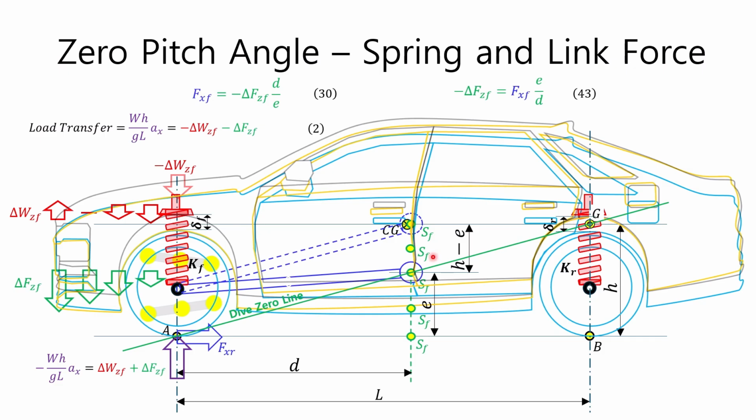As the virtual reaction point, SF, rises, the force attempting to tension the spring increases and the front ride height increases. As the force attempting to tension the spring increases, the amount of vertical dynamic load transfer to compress the front suspension links also increases.